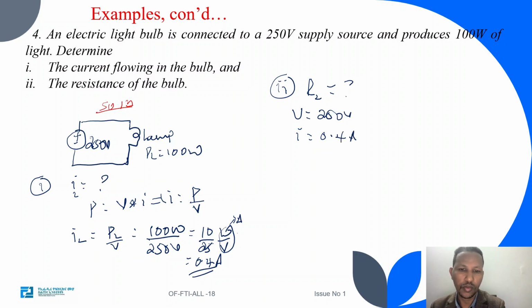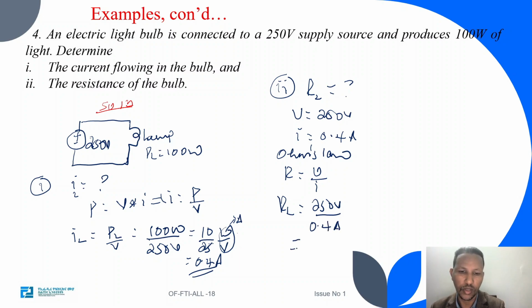From Ohm's law, we know that R is given by V over I. So RL is equal to 250 volt over 0.4 ampere, which is 625 volt over ampere.